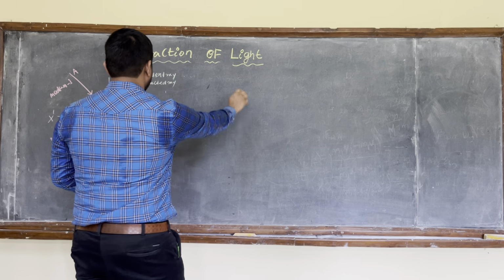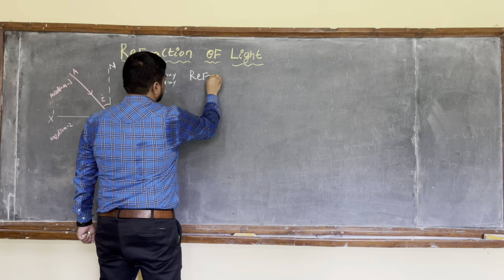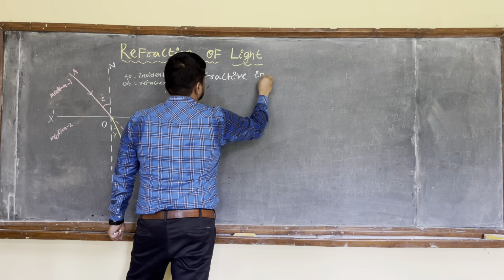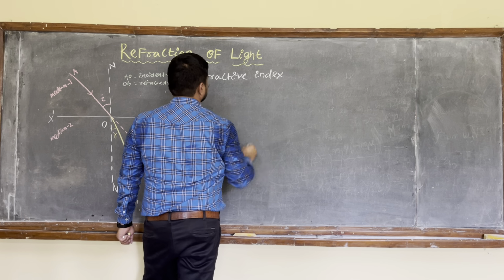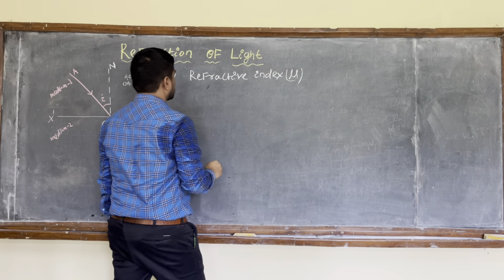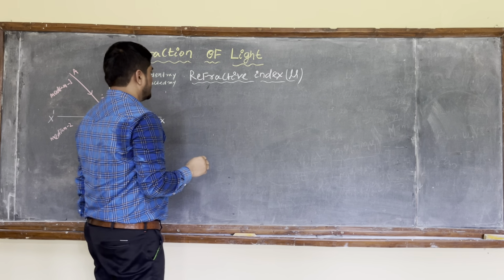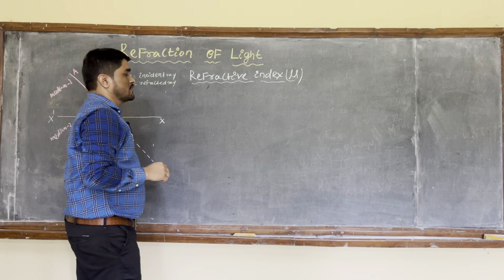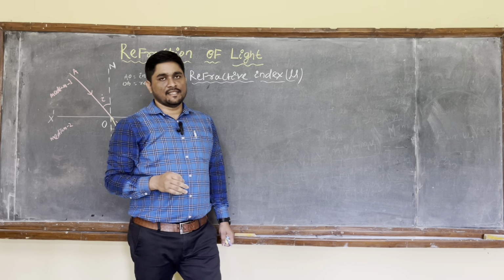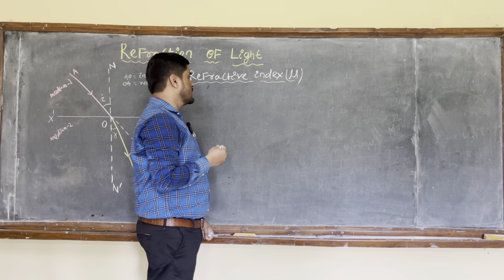So next we have to discuss the refractive index. That is denoted by mu. Refractive index means you have to take the ratio of the speed of light in air to the speed of light in that medium.